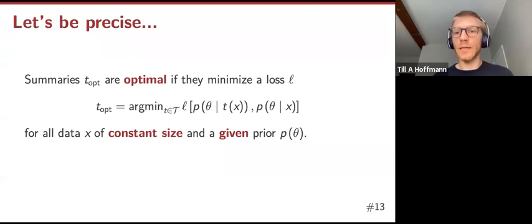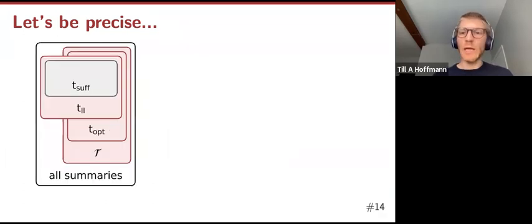So for example, if we try and do posterior mean estimation, we might have a regression problem. And of course, the regression model will not be able to capture all possible summary statistics that we could come up with. Again, this is for constant size and a given prior. So what we end up with is this nested structure of summary statistics. We will never be able to consider all summaries because we can't consider all possible functions.